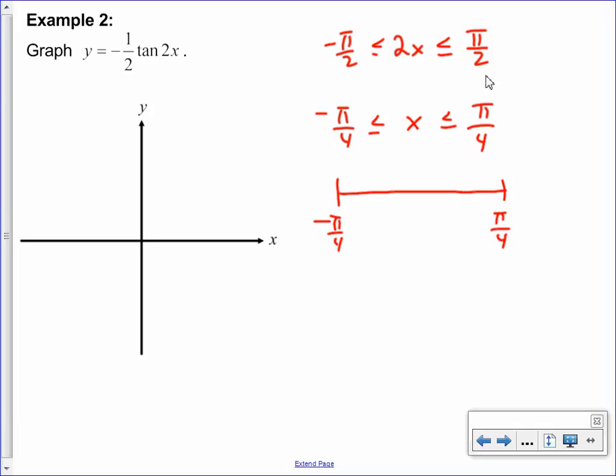What's between negative pi over 4 and pi over 4? 0 is 0. Halfway between pi over 4 and 0. This gets so much easier the more you do it.